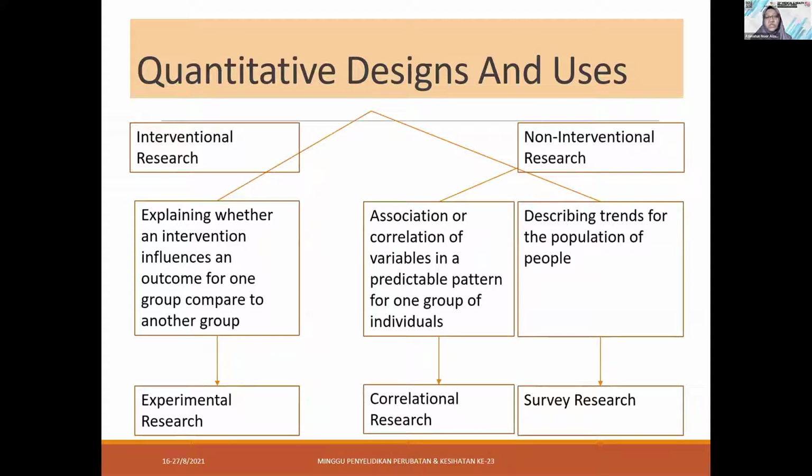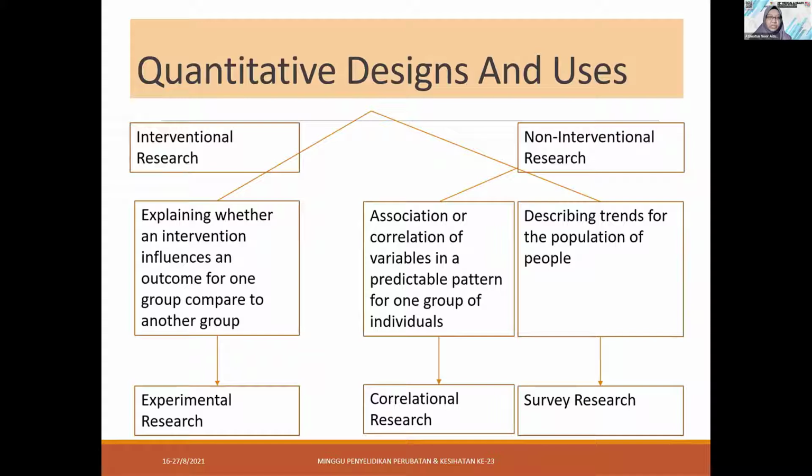Non-interventional research is divided into two. Where we look at the association or correlation of variables in a predictable pattern for one group of individuals, the research is correlational research. When we describe the trend for a population, it is survey research.